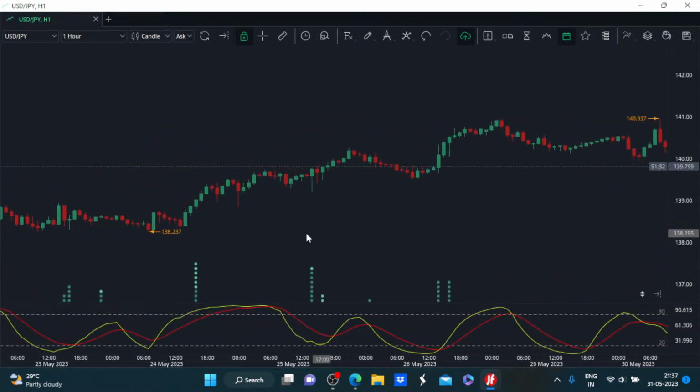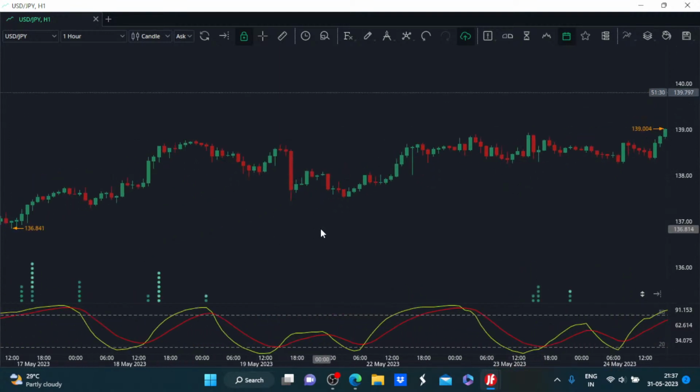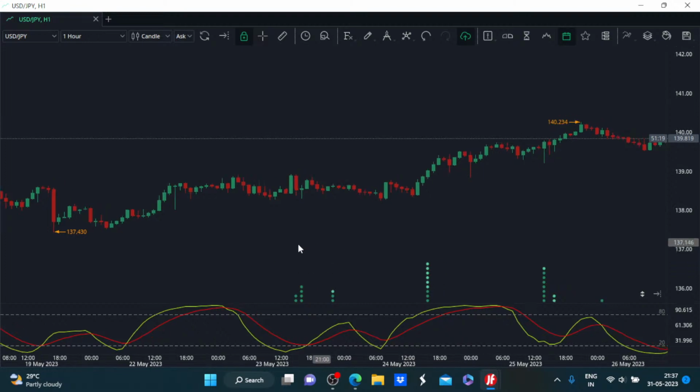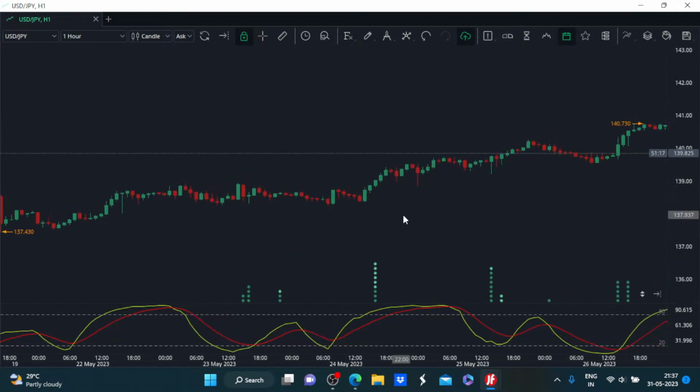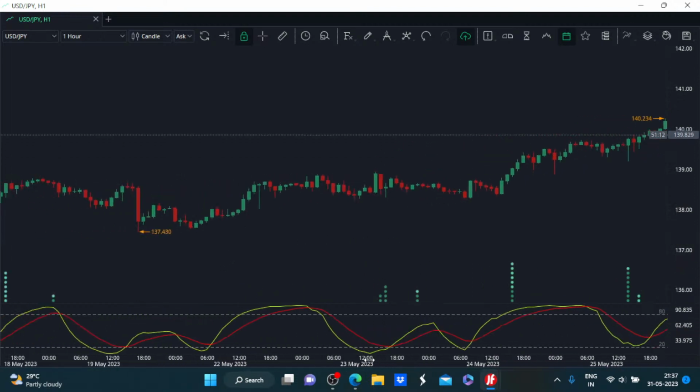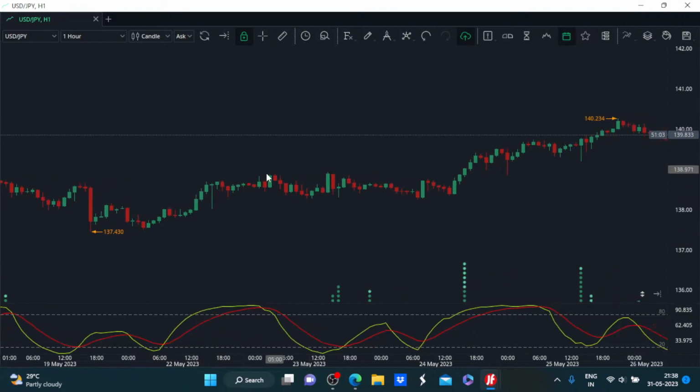So if you observe this chart, you will see that this indicator is quite helpful even while defining trend trades, because even if the momentum remains on the same side, we see the indicator reaching these extreme levels. For example, in this case of USD JPY's up move, the USD JPY didn't really decline much.